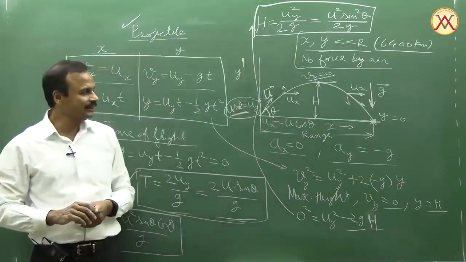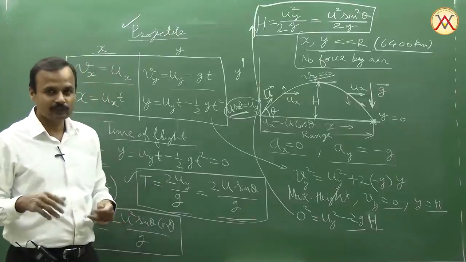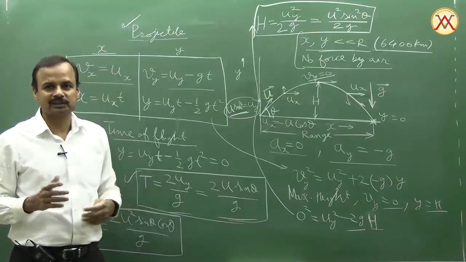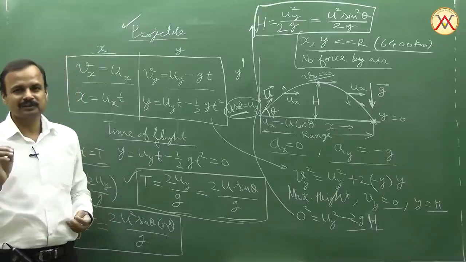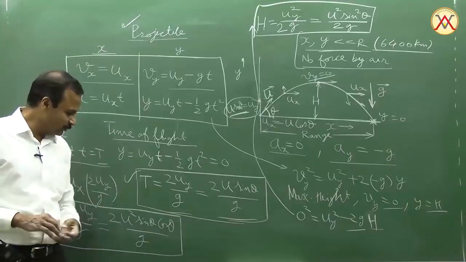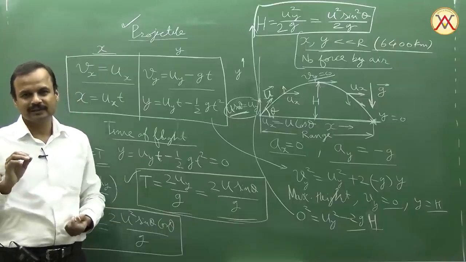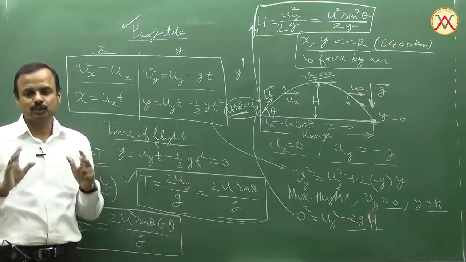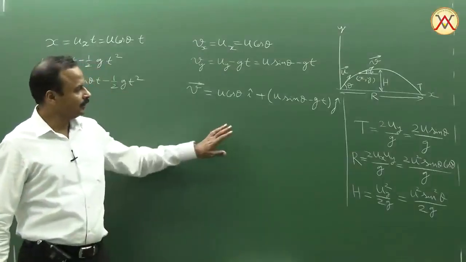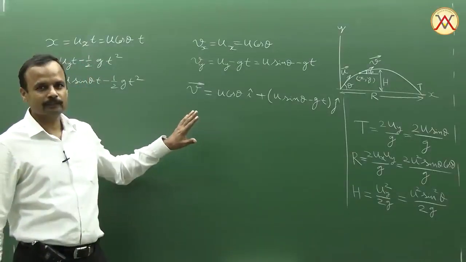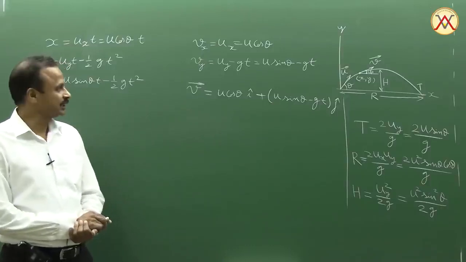We must realize this, because in solving problems, we may encounter different situations. So whatever formula we learn, we must know what the meaning of each symbol is and in what situation that formula is applicable. On the board, I have given you all the basic results of projectile motion.